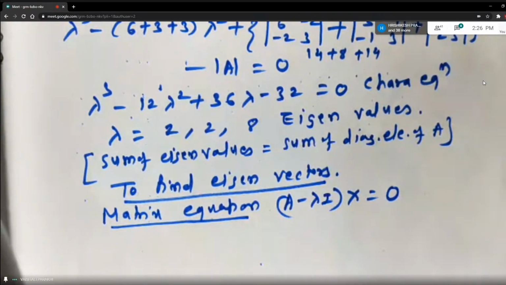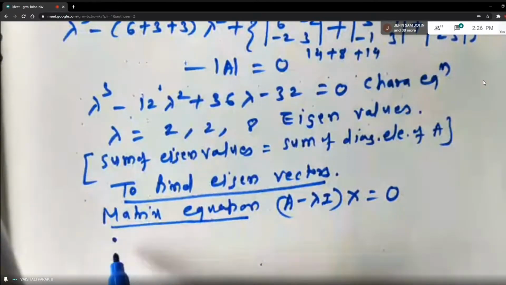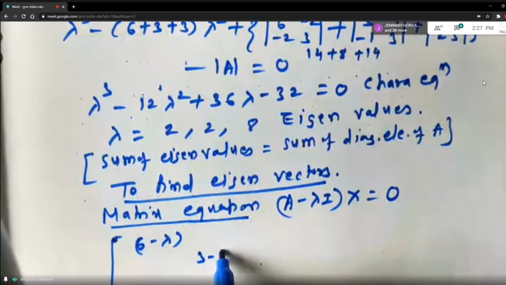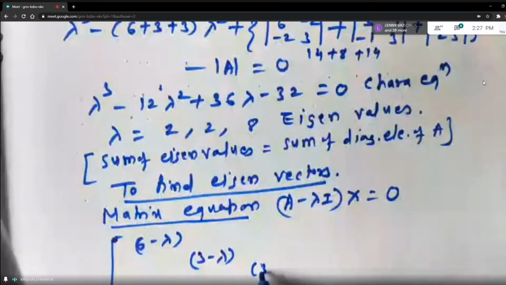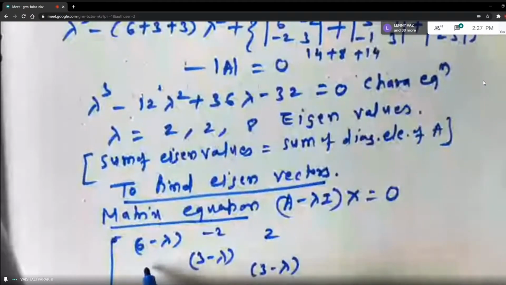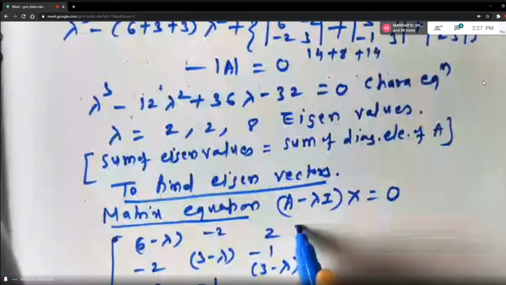Correct? Now this is A minus lambda I. What will it be now? 6 minus lambda, 3 minus lambda, and 3 minus lambda. Remaining terms will be the same: minus 2, minus 1, 2 and minus 1.